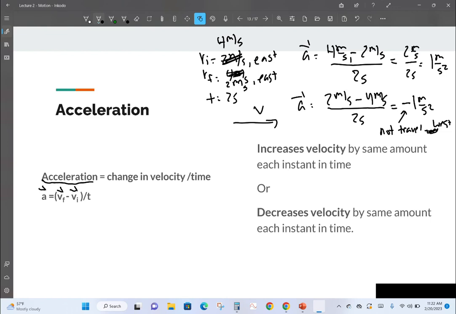That's what it means. It means that if you were traveling to the left, to the west, you would be speeding up.